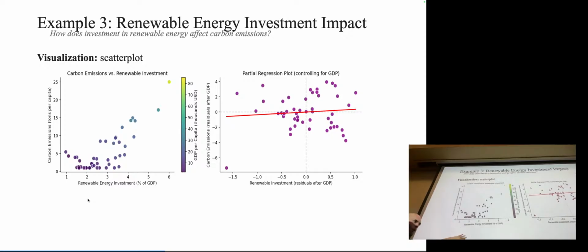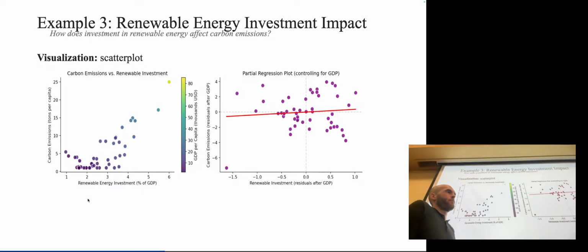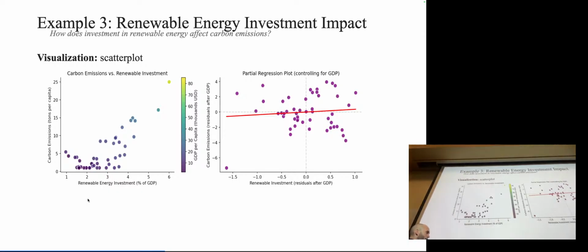So nice. So we have carbon emissions per capita is equal to beta 0, and then plus beta 1 renewable investment. Okay. And plus beta 2 GDP per capita. Okay, so we have 3 things going on. We have our outcome variable, which is our vertical axis, our y variable. We have a beta 0, which captures the baseline carbon emissions per capita across the countries.